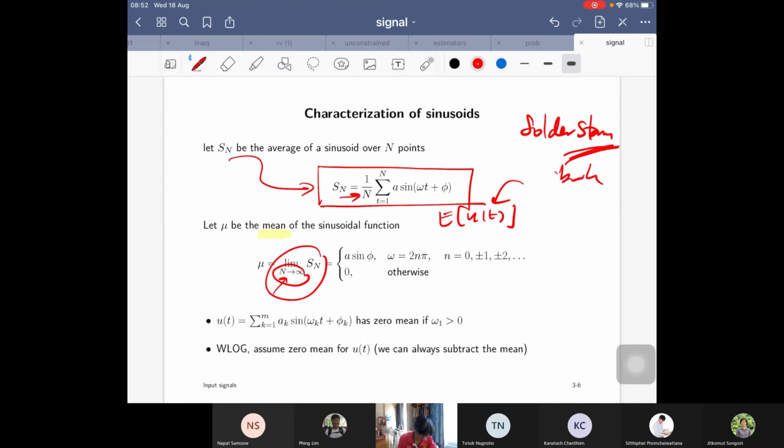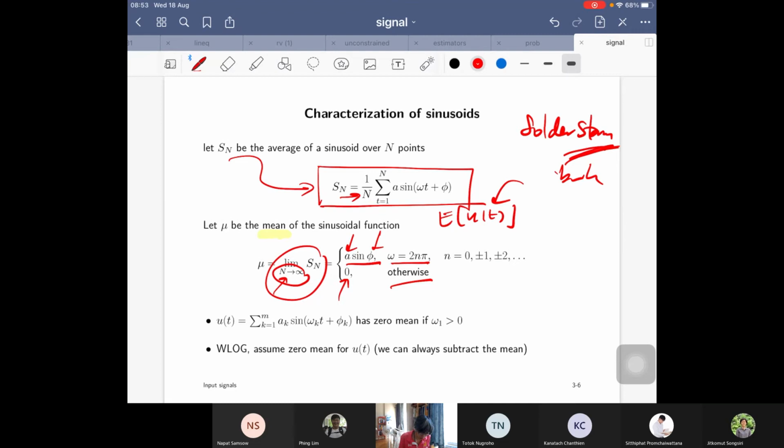Okay, if you take the limit of the average, it turns out that the mean is a sine of phi, the magnitude and the phase, when omega is a multiple of 2 pi, but it becomes 0 otherwise. So what does it mean?